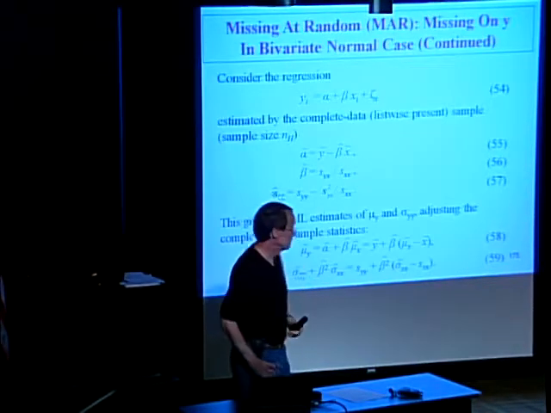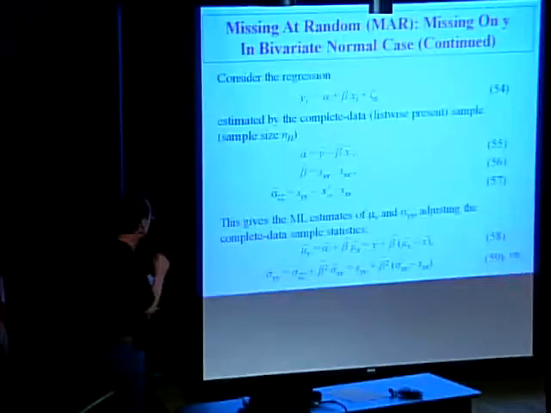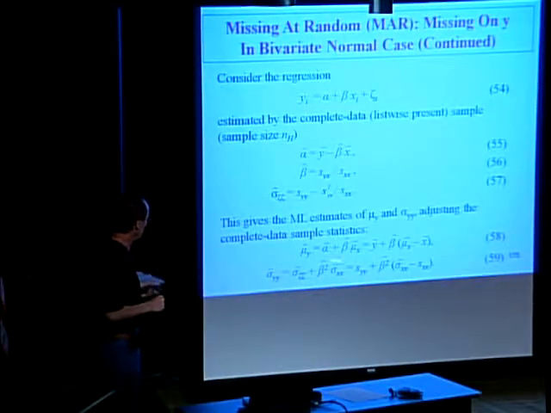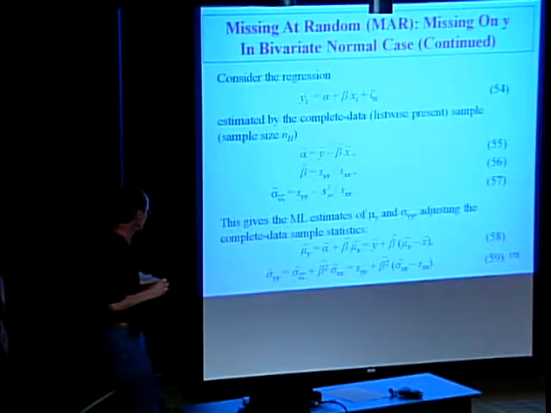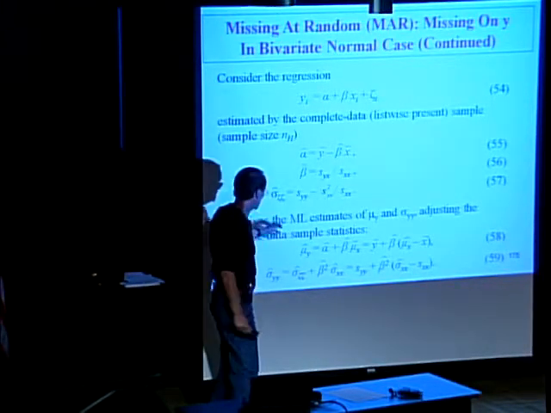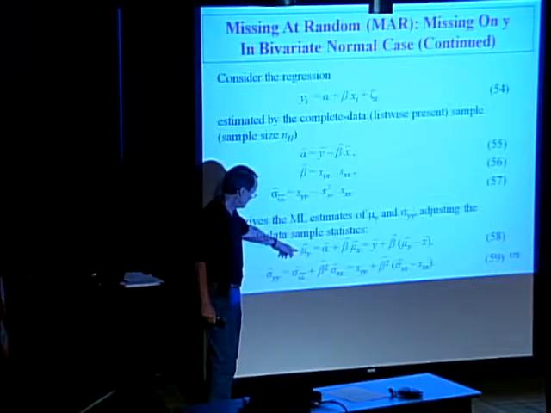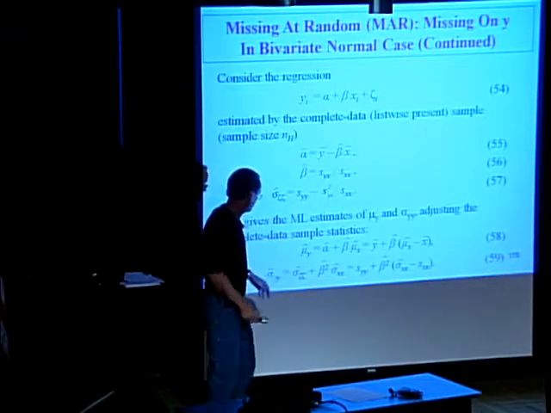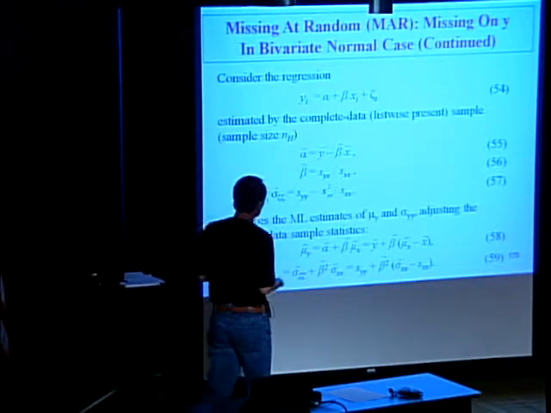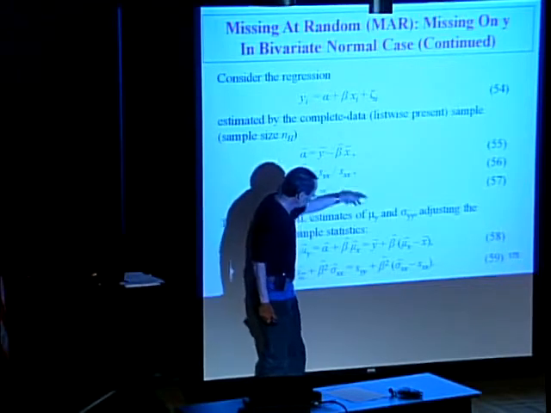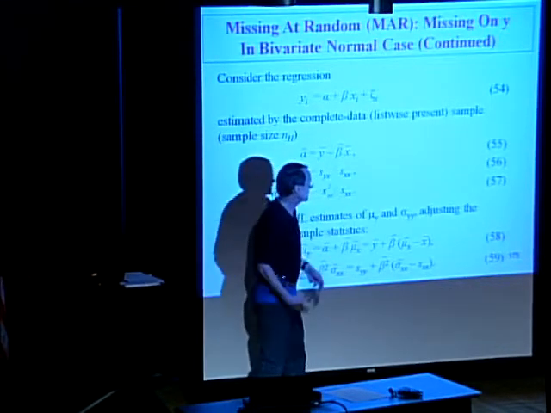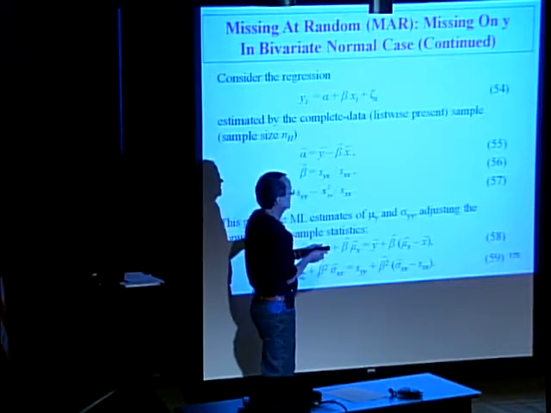That was the intuitive way of saying it, but in formulas 58 and 59, we show how that intuition plays out. Say that we want to estimate the mean of Y, mu sub Y hat, the estimated Y. MAR says that you should estimate that not only by Y bar, being the sample mean for the people in the complete data group.